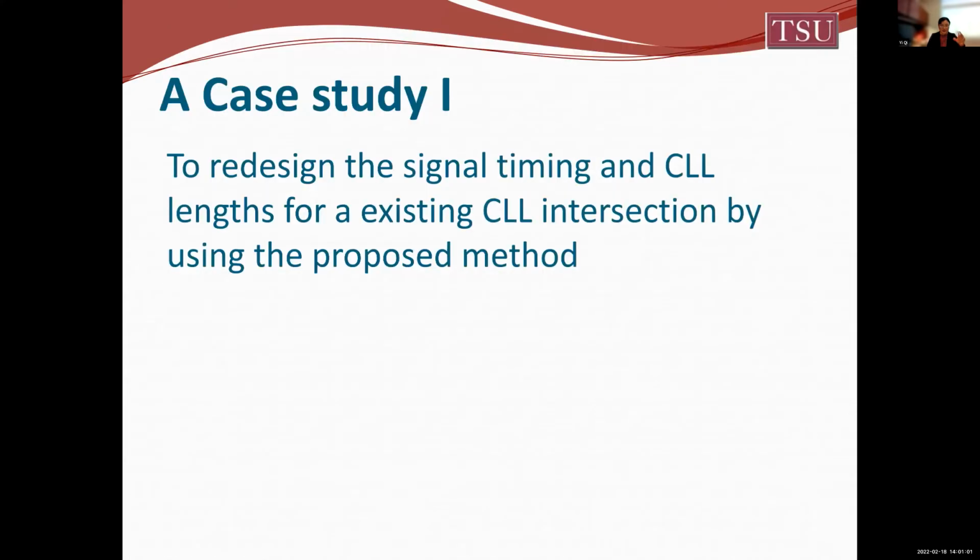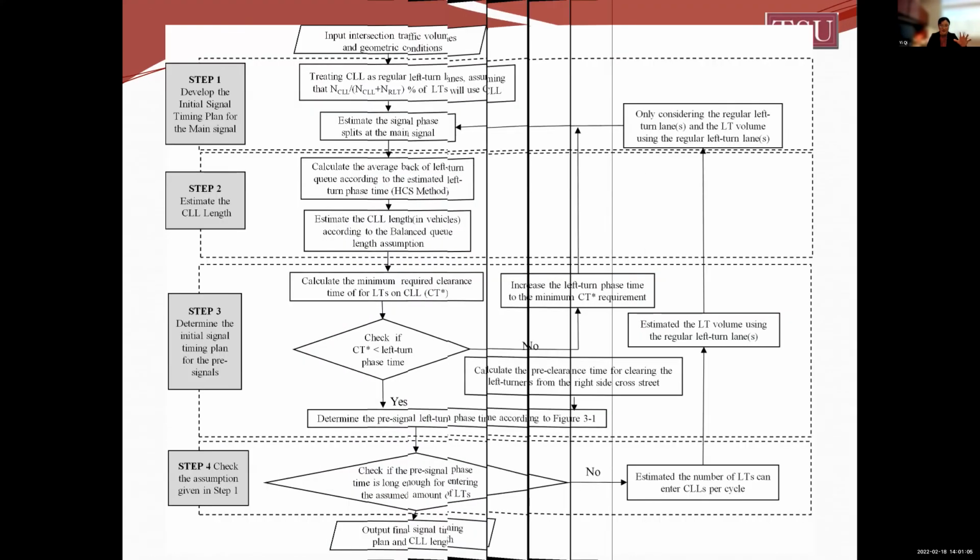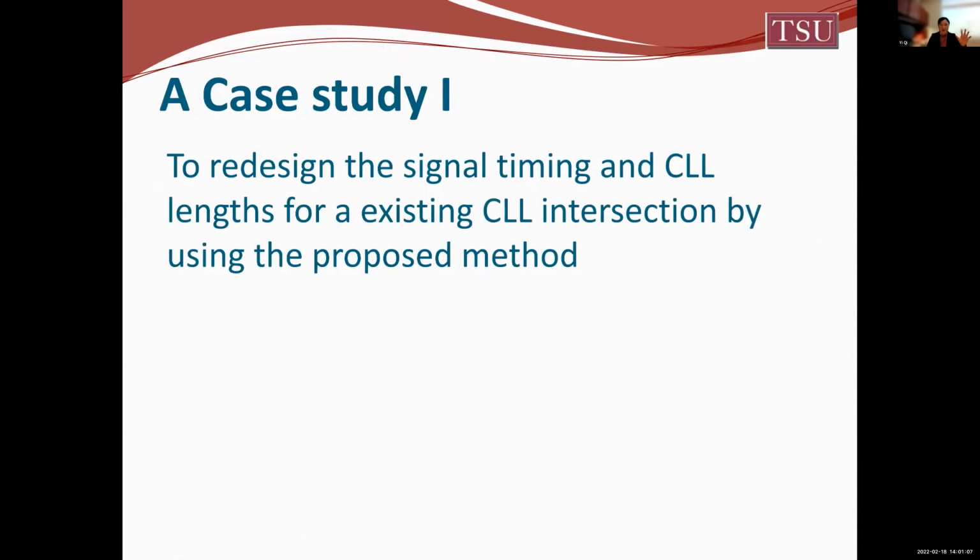I will not go into detail on this method, but I wanted to show you the results, and how we used a case study to validate that this method works. In this case study, we redesigned the signal timing and the control flow left-hand lane length for existing intersections that use this design.